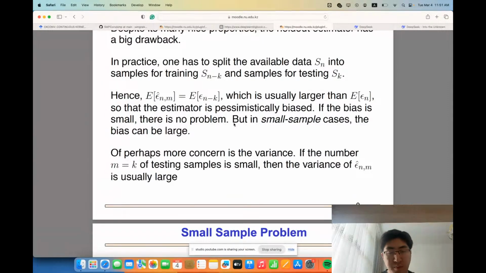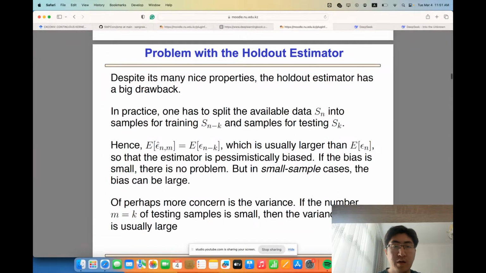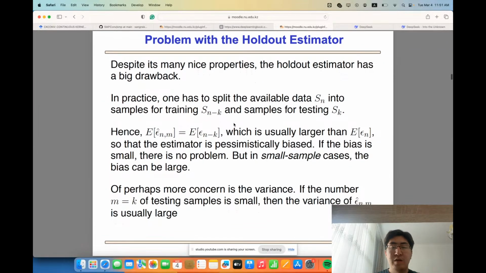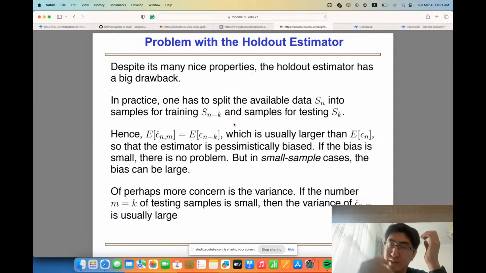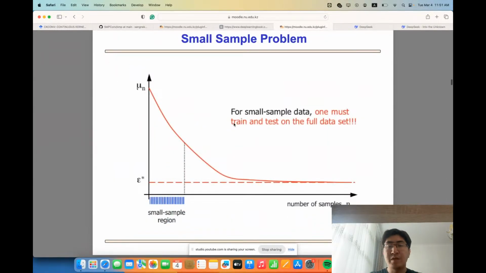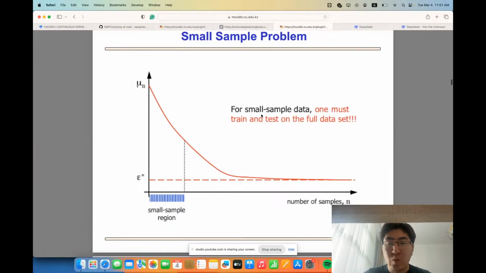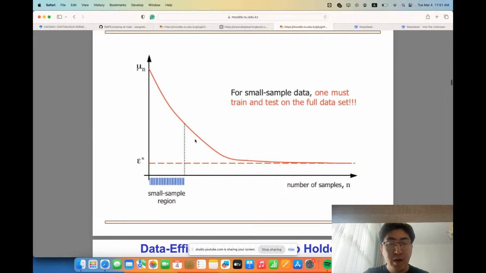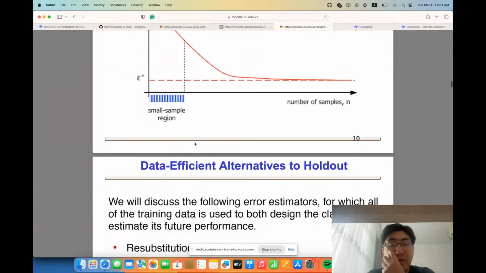So the problem is that for small sample sizes, the holdout estimator is not very good. As you can see, for small sample data one must train and test on the full data set. Data efficiency: holdout.